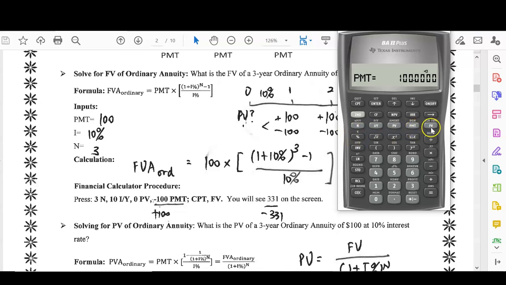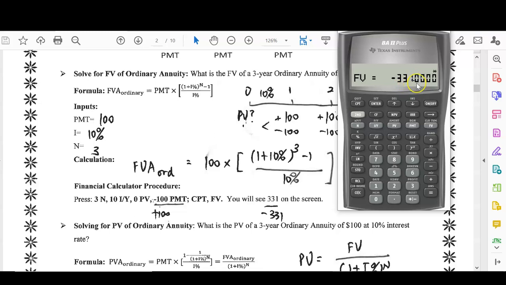And then we compute for FV, future value. We see negative 331. It means if you have an ordinary annuity for 3 years of 100, and if it's a positive number, meaning you're getting $100 at the end of each year, then after 3 years, you have to pay back 331.